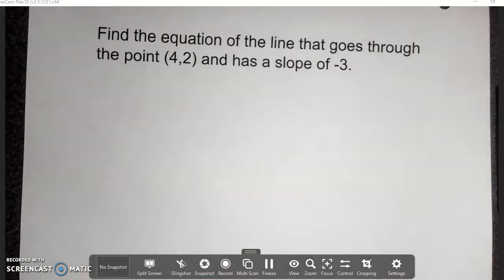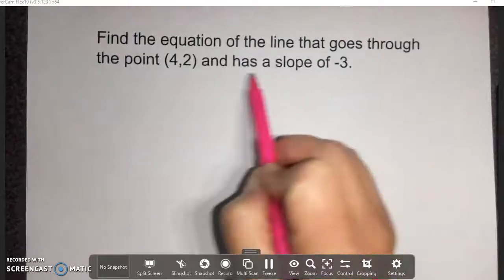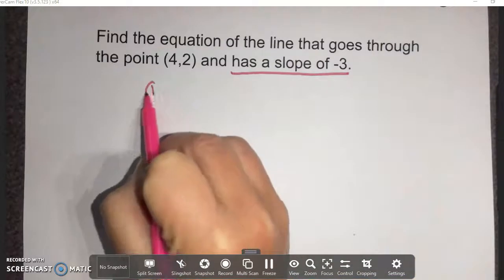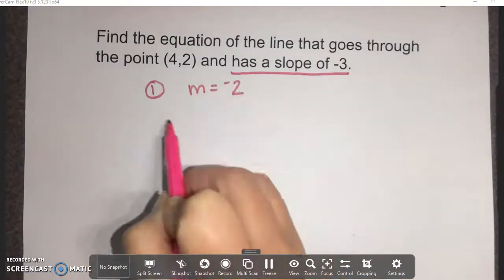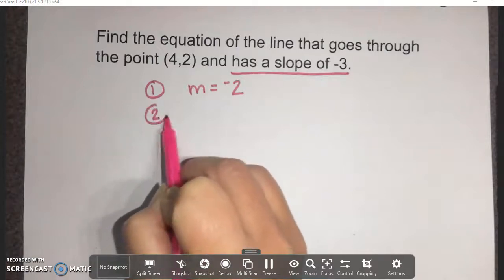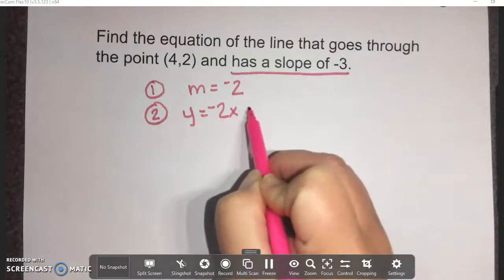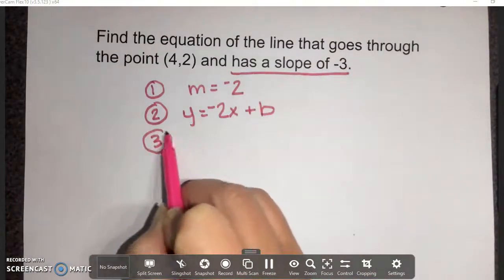So what if they ask us to find the equation of a line that goes through the point 4, 2 and has a slope of -3? Well, that just means that they've already done some steps for us. Our first step was to find the slope. They told us. Our second step was to write the slope in the equation. Our third step was to choose a point and input it in.